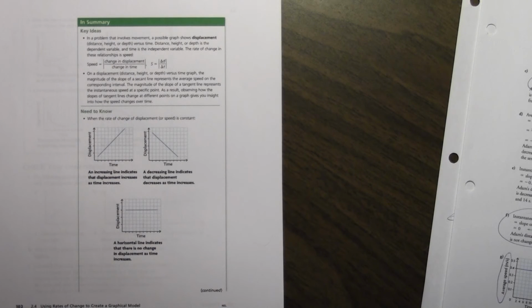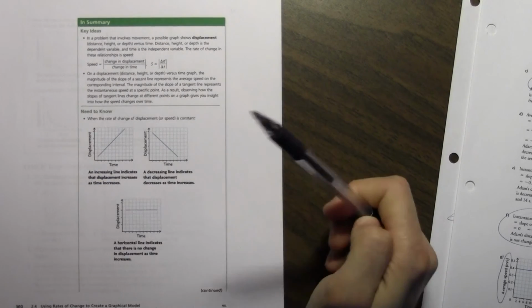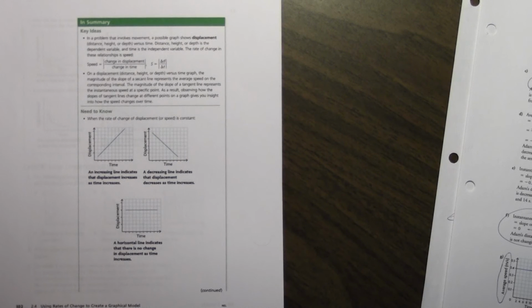On a displacement, distance, height, or depth versus time graph, the magnitude of the slope of a secant line represents the average speed on the corresponding interval. The magnitude of the slope of a tangent line represents the instantaneous speed at a specific point. As a result, observing how the slopes of tangent lines change at different points on the graph gives you insight into how the speed changes over time.